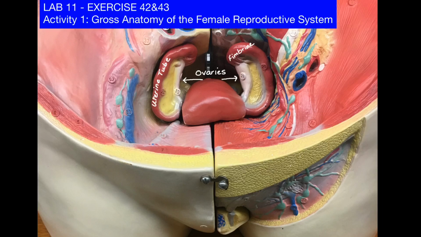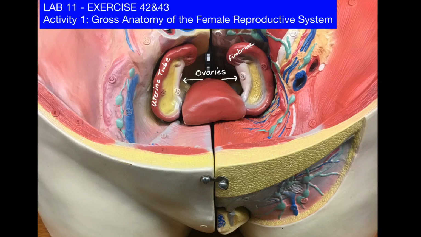Instead, we have these little finger-like projections called fimbriae that kind of cup or surround the proximal part of the ovaries. The actual term fimbriae means fringe. So you can see it's a little fringe-like projection.